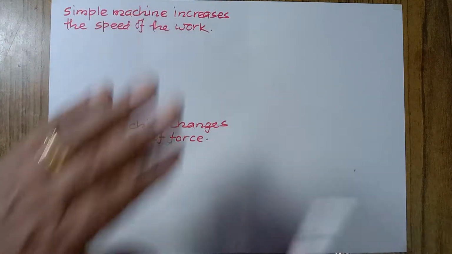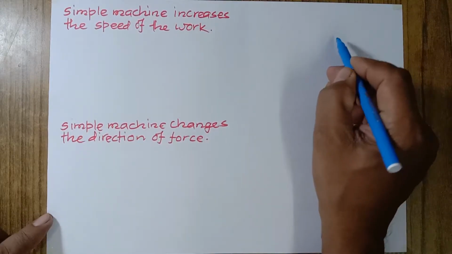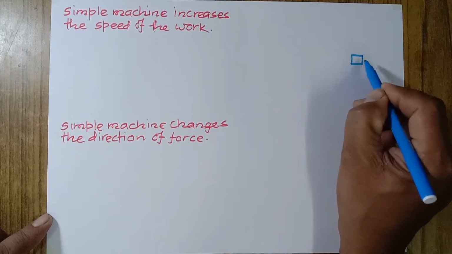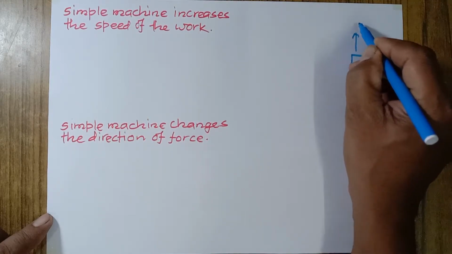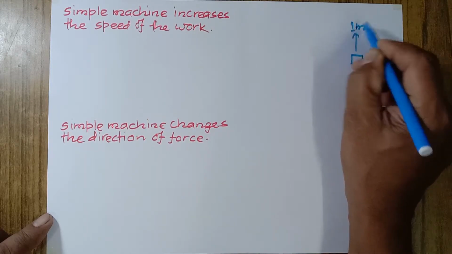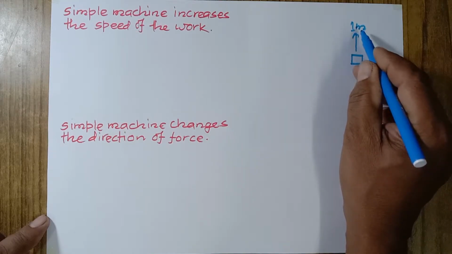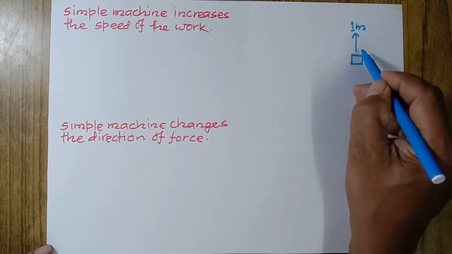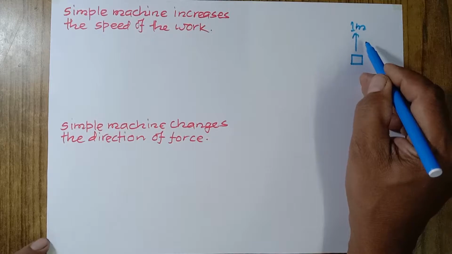What does it mean? If we have to raise a body from a certain place, let's say this is the original place, and you want to raise it through 1 meter height, then if you use bare hands, you certainly have to pick it up to 1 meter height. You cannot apply force over a shorter distance and raise it more.